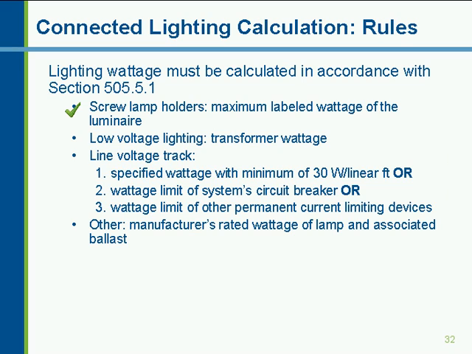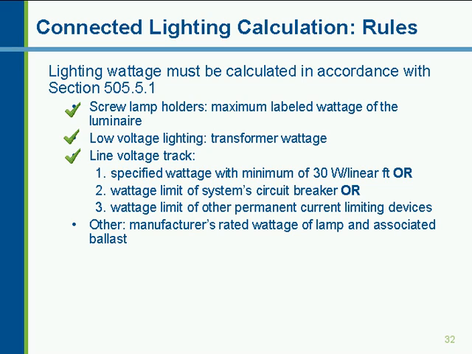If you have low voltage lighting, it's going to be the rated transformer wattage for that low voltage lighting system. If you have line voltage track, you have 3 options. You can install the specified wattage with a minimum of 30 watts per linear foot, or the wattage limit of a system circuit breaker that set of track is on, or the wattage limit of other permanent current limiting devices.